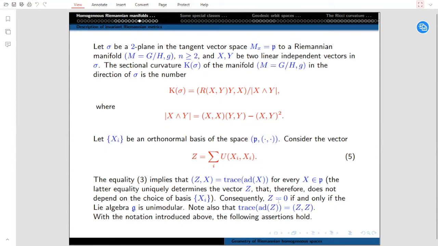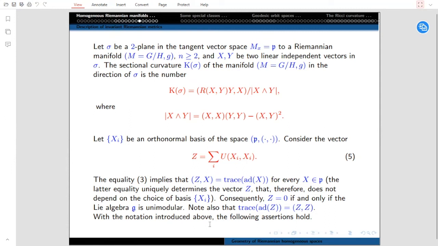Moreover, z is 0 if and only if the Lie algebra G is unimodular, because this means that all these operators ad x have 0 trace. It's just the definition of a unimodular Lie algebra. Note also that the trace of ad z is z multiplied by z with respect to this inner product.